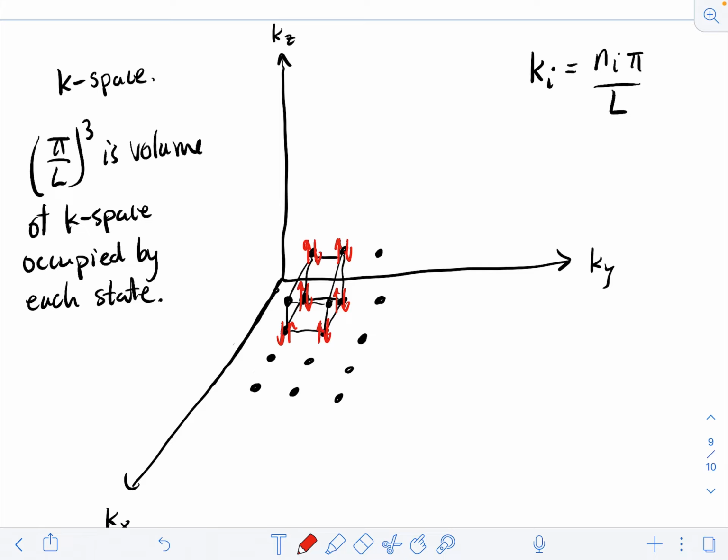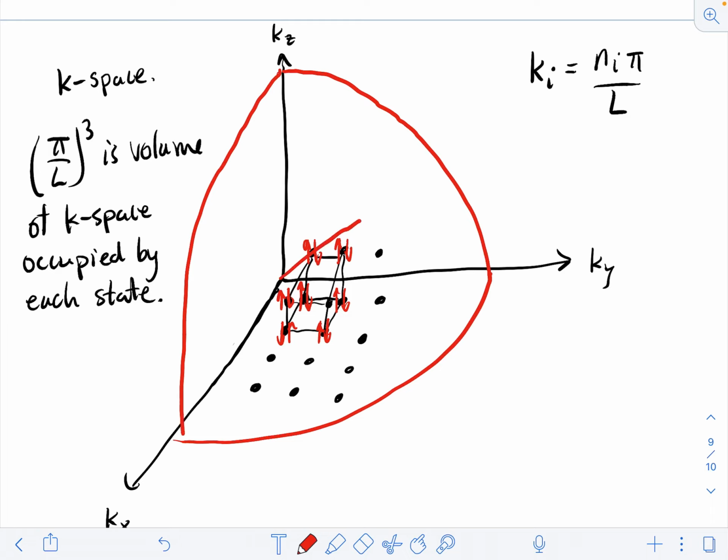We're trying to crowd as close as we can to the origin of these axes. As you add more and more particles, you're going to fill up the volume that represents 1/8 of a sphere.